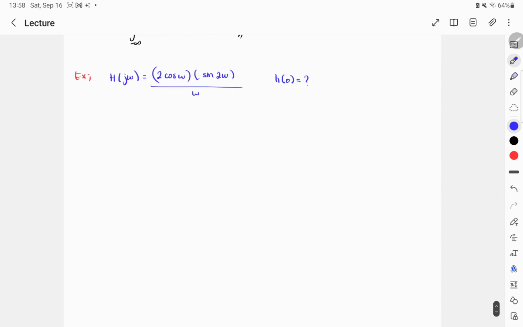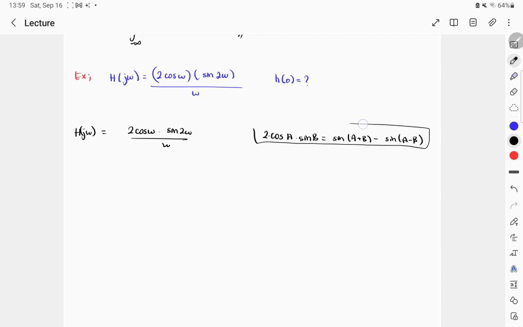How do we do that? We are asked to go in the reverse direction this time. Now we are given the Fourier transform. Let me write this again: 2 cosine omega sine 2 omega over omega. Let me remind you of a trigonometric function equality, which is 2 times cosine A times sine B equals sine(A plus B) minus sine(A minus B).